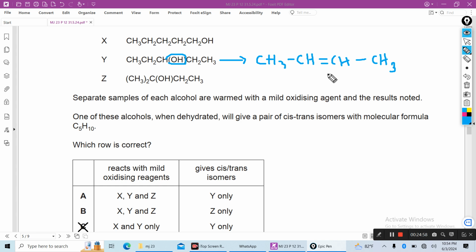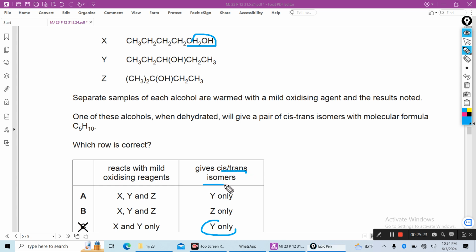One is cis-butene, the other is trans-butene. So Y is the only one. And why is X wrong? X will give but-1-ene, but that will not give two geometric isomers. So Y only gives cis trans isomers.